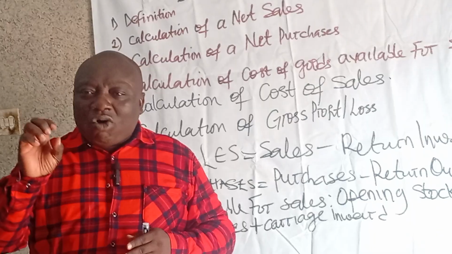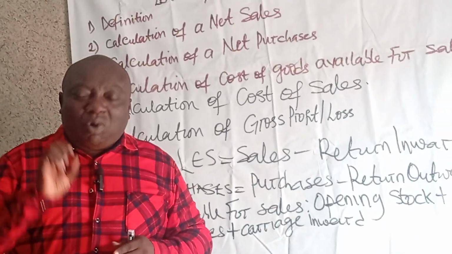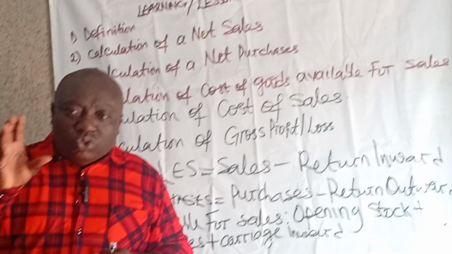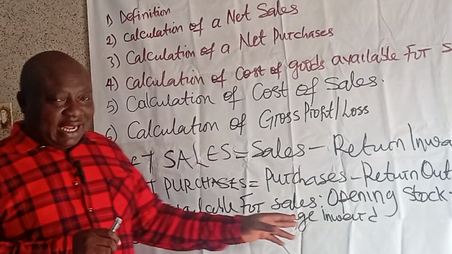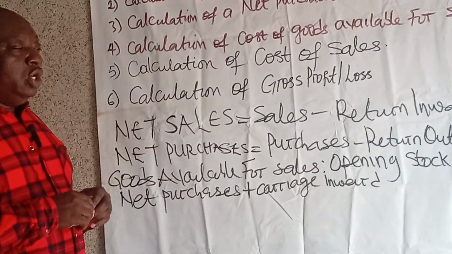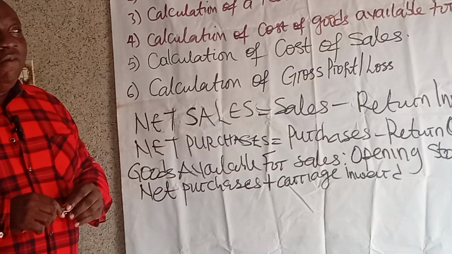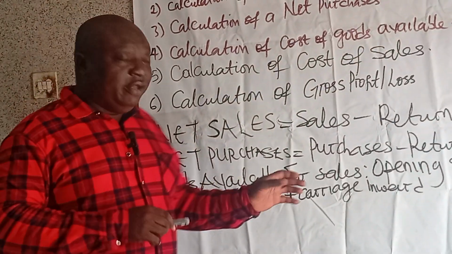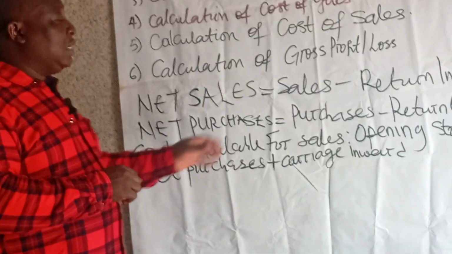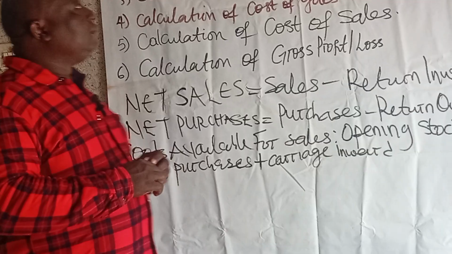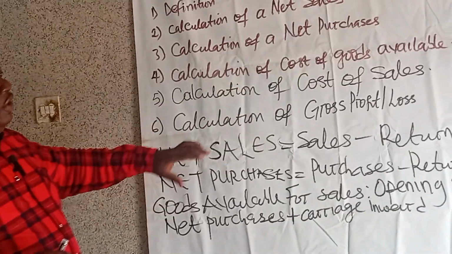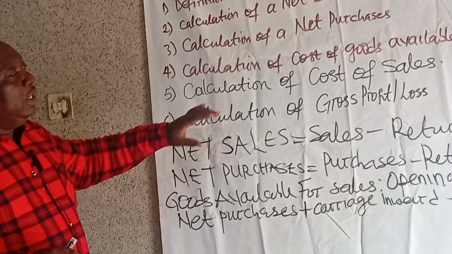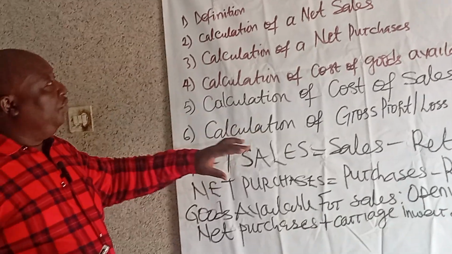The cost of transporting those goods down to your warehouse is known as carriage inward. So it has to be added before you can get the cost of goods available for sales. Do you understand that? We are still going to look at figures to calculate all this.